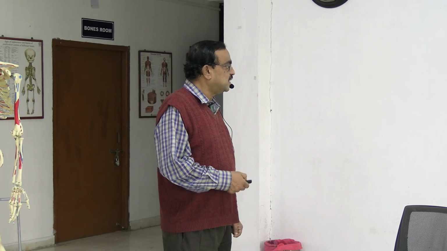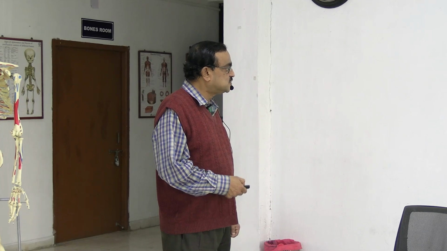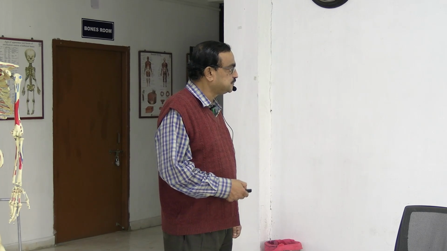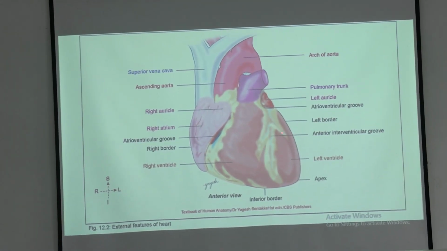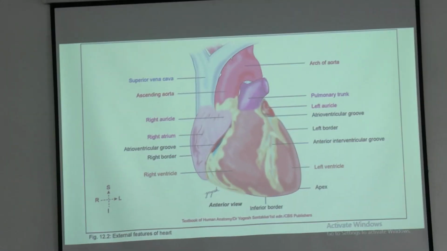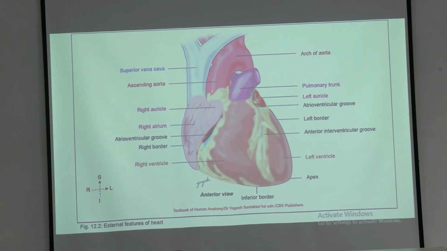So this is the right ventricle. And from the front we can also see a part of the left ventricle. So right atrium, right ventricle, and we can see the left ventricle. And this left ventricle has communication with the aorta. From the aorta, blood again goes to the periphery.